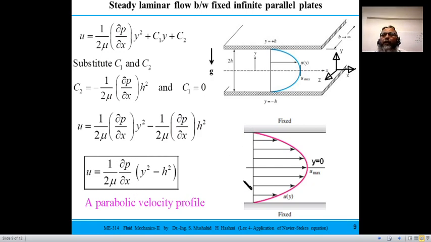So if the pressure gradient in x is assumed constant, the velocity increases as mu decreases. For fluids which are highly viscous, meaning the viscosity is high, the velocity would be low. So there is an inverse relationship, and eventually you get this velocity profile.